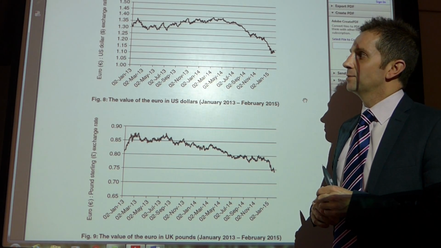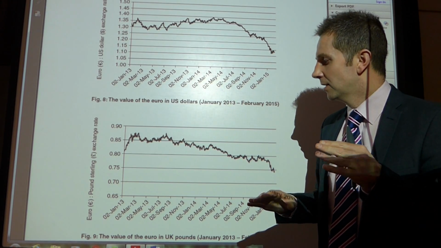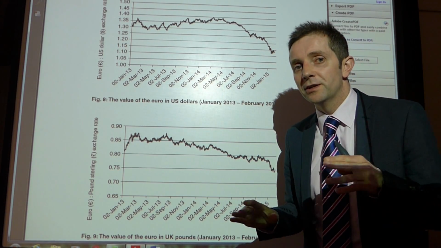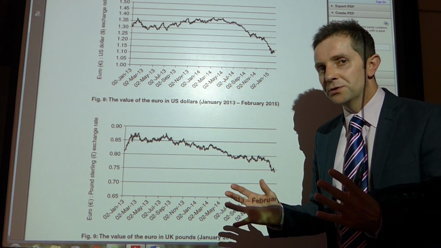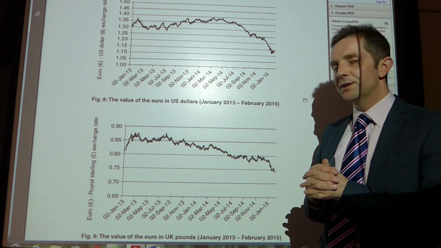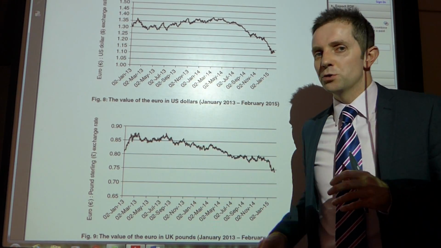So you're probably going to get some type of question with regard to how this would impact the competitiveness of goods which are coming out of Euroland, the countries who are using the euro as their currency, in the United States and in the UK.